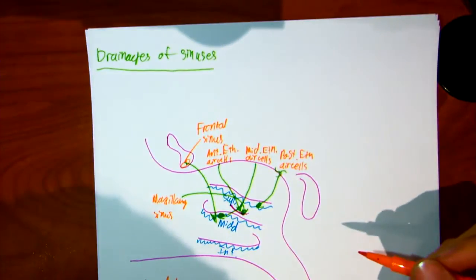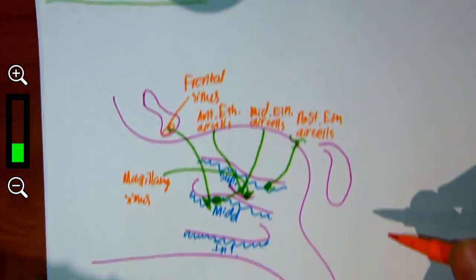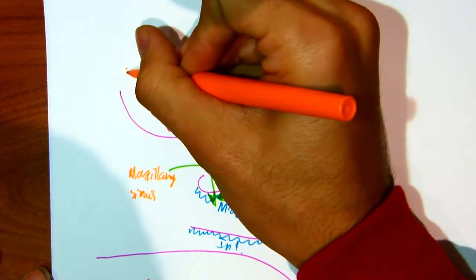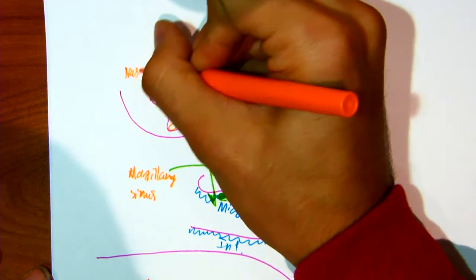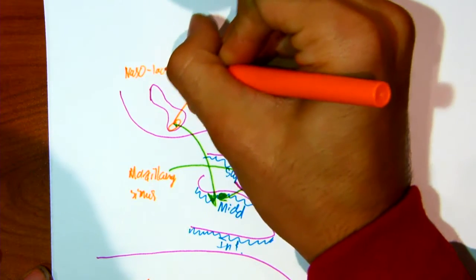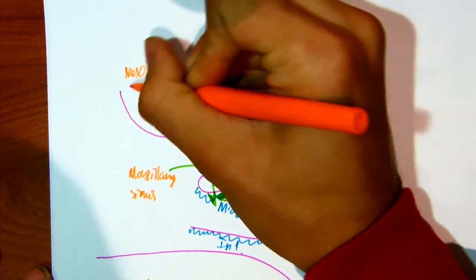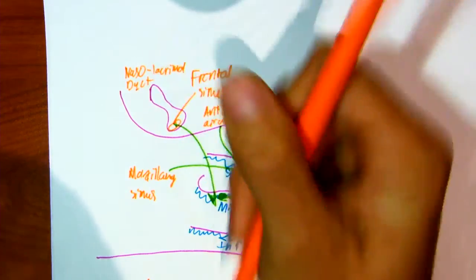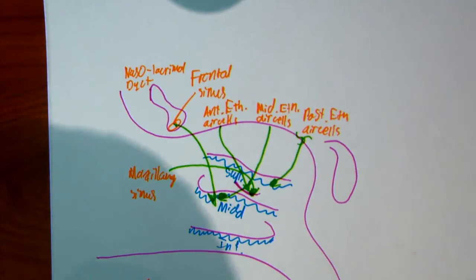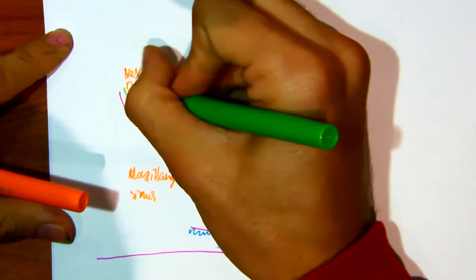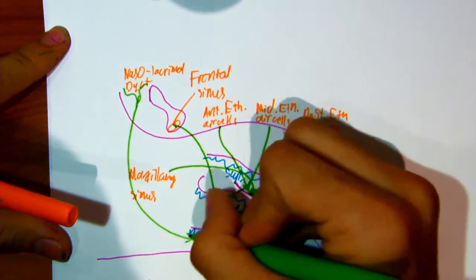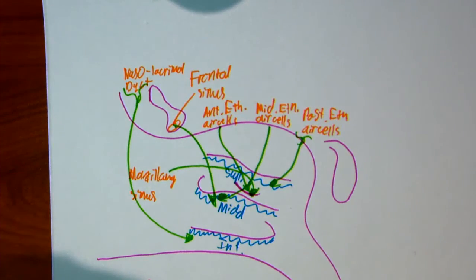And the way I'll draw that is, because of its location, I'll actually write it in up here. So the nasolacrimal duct. Good, and we'll have this drain into the inferior meatus.